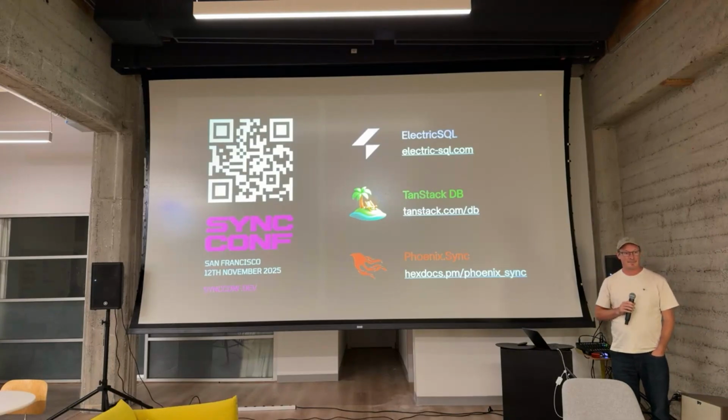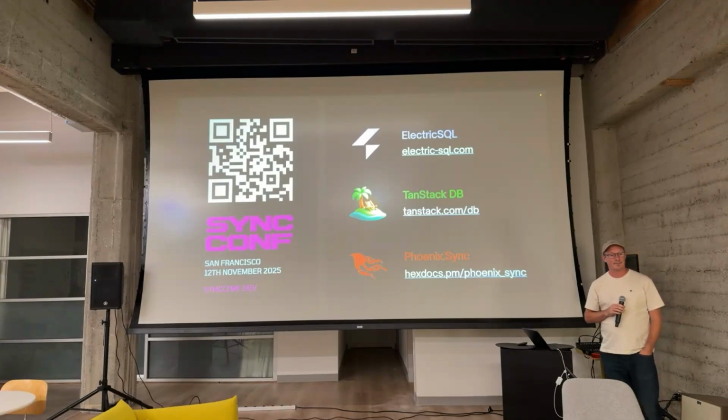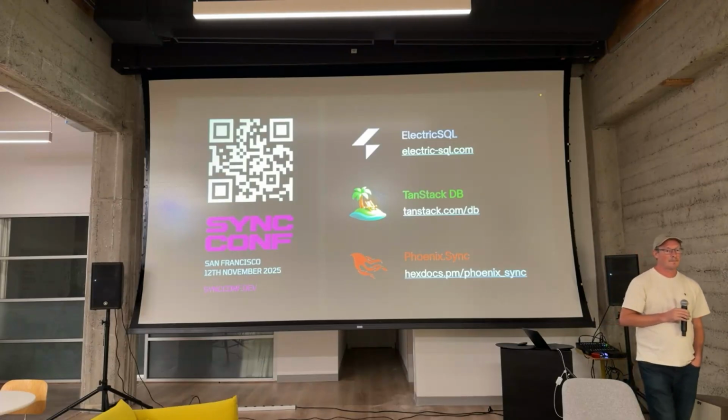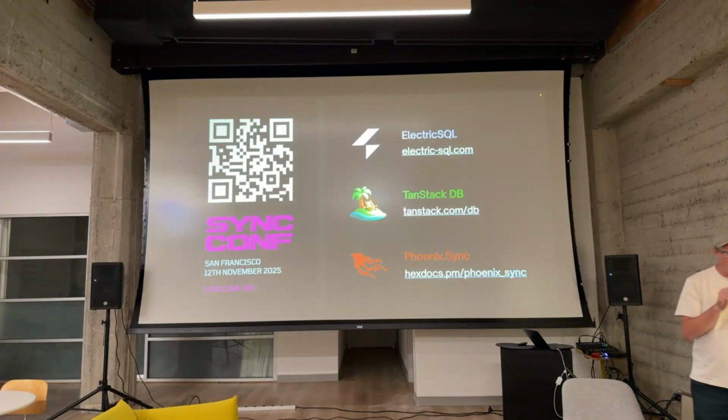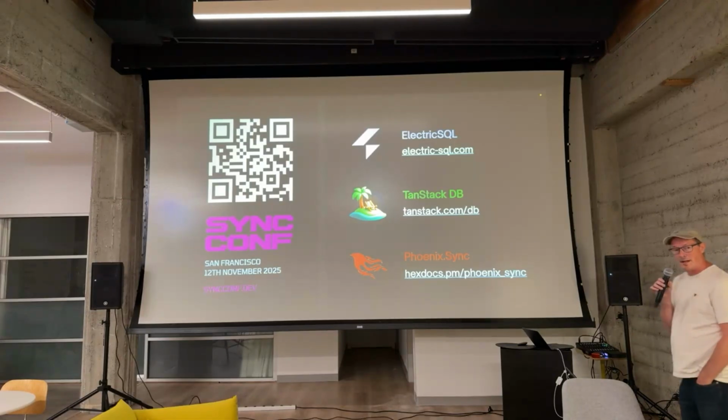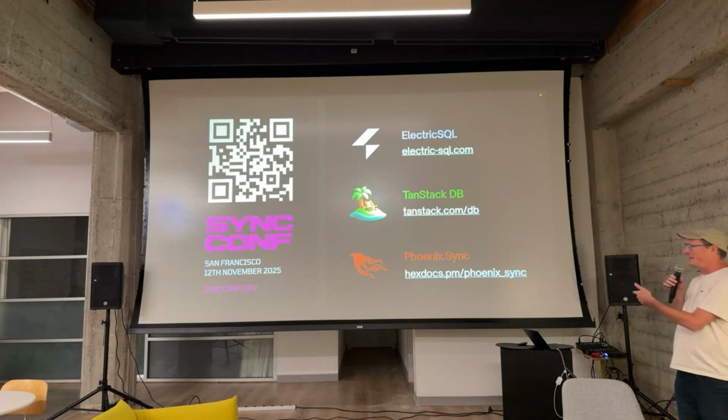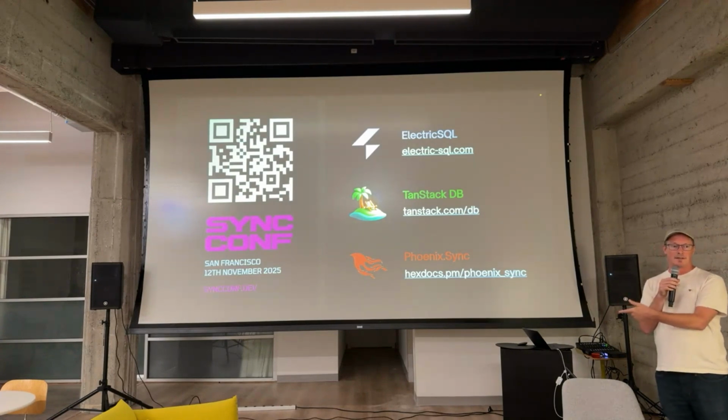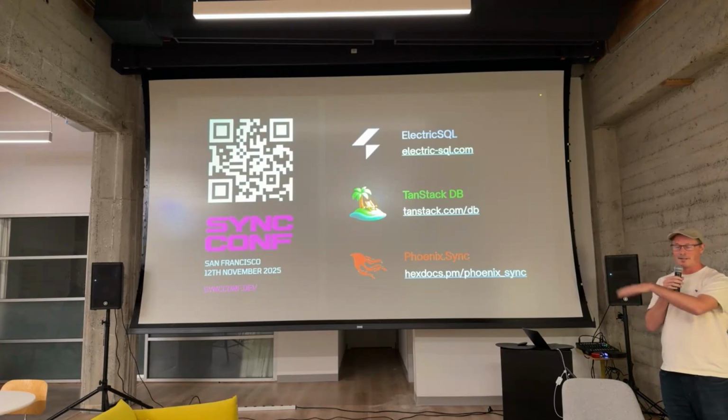Do those goodies exist in Phoenix Sync as well, or are they kind of separate worlds? The hybrid approach, does it exist in Phoenix Sync as well? Phoenix Sync does stuff in Phoenix on the back end, and there is now an Igniter generator and some mix tasks to bootstrap the stack, so you have Sync and TanStack DB as the client of your Phoenix app.